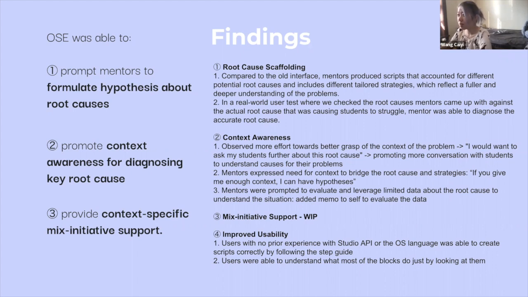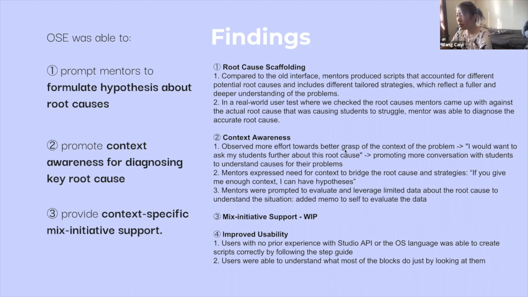And in a real world user test where we checked the root causes the mentors came up with against the actual root cause that was causing students to struggle, the mentor was able to diagnose the accurate root cause, which reflects a good understanding of potential reasons behind a student's struggle. So we were able to conclude that OSE was able to prompt mentors to formulate effective hypotheses about root causes.